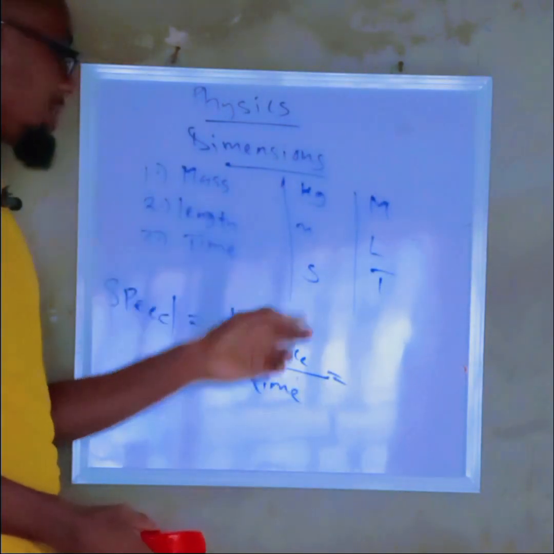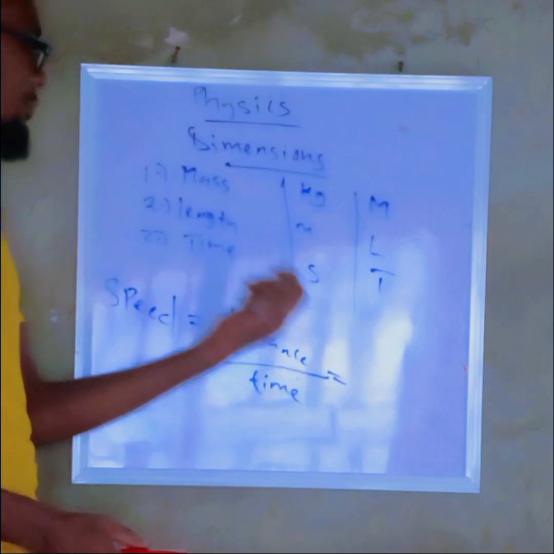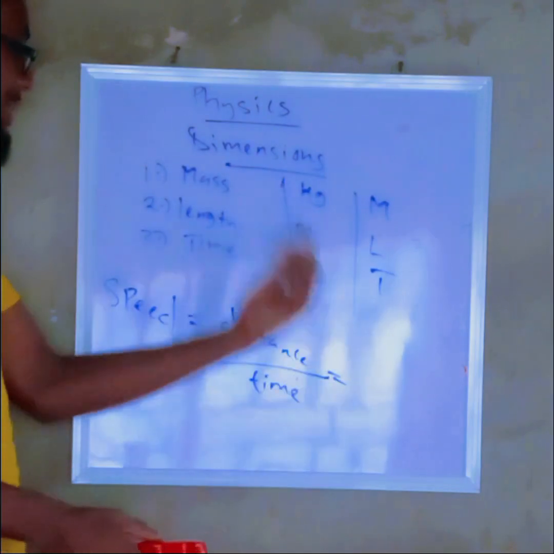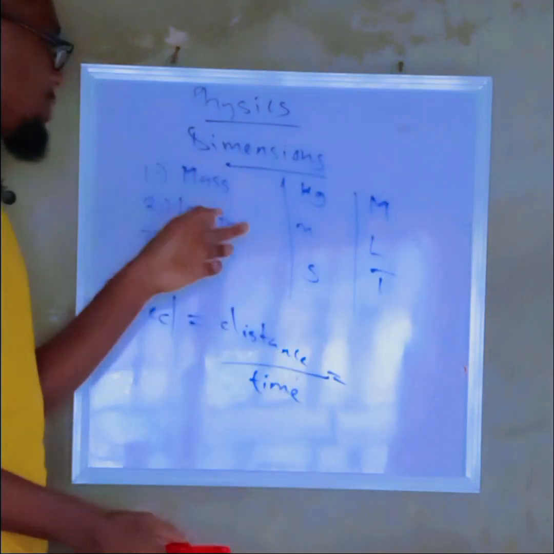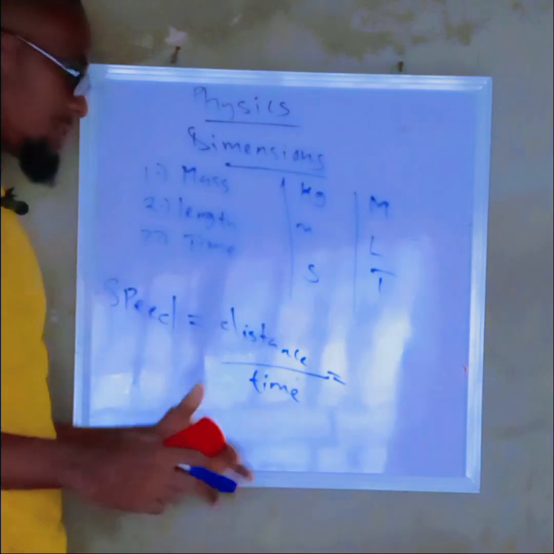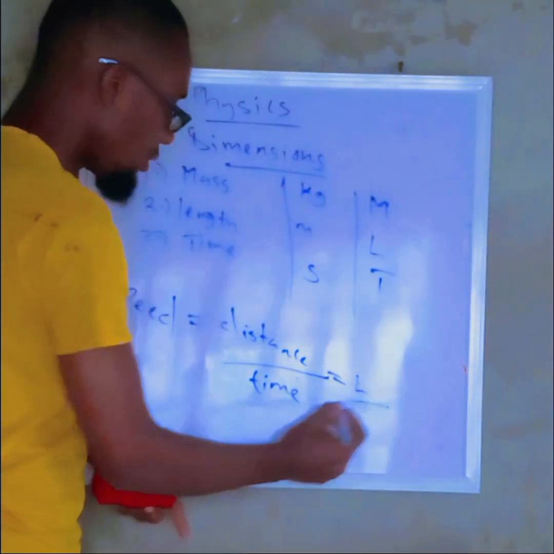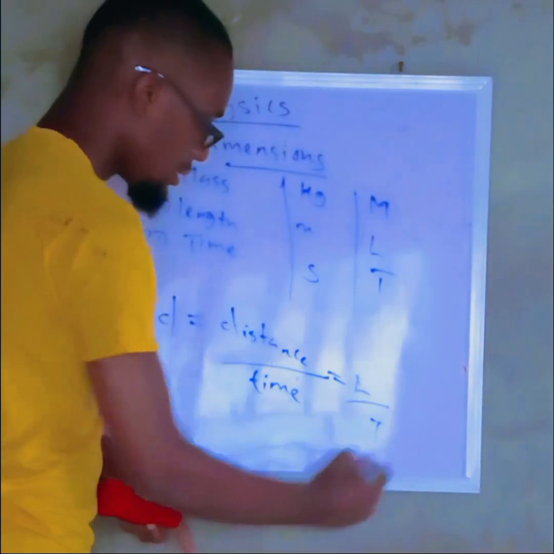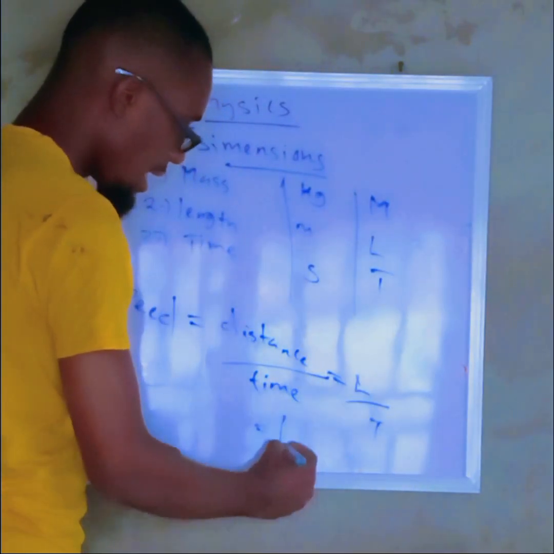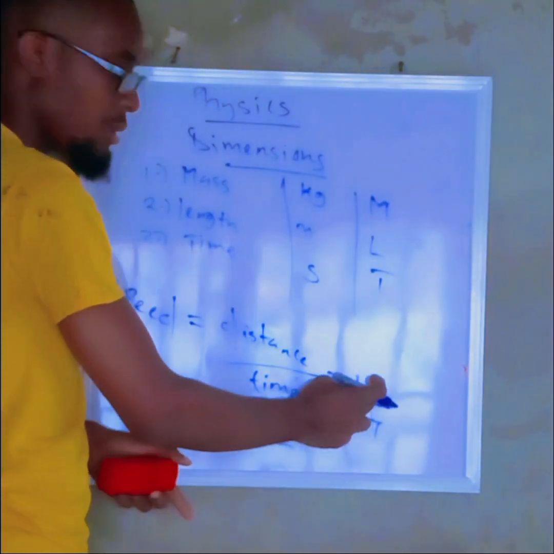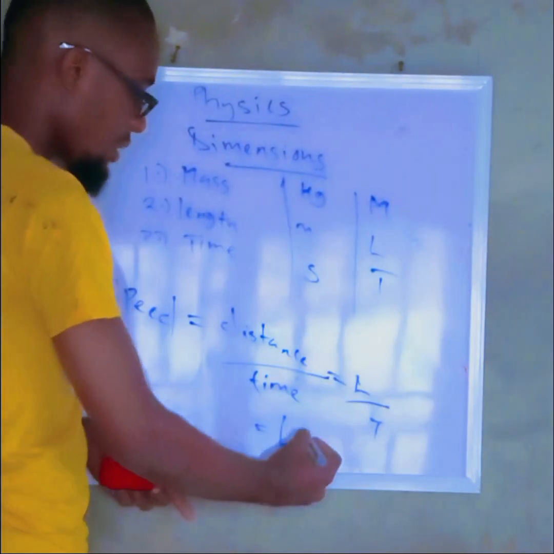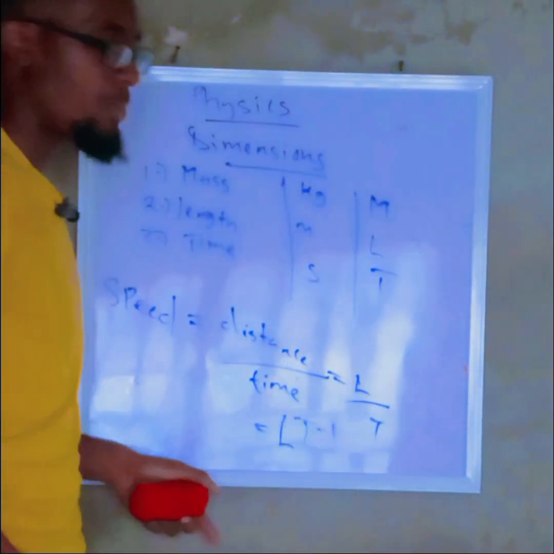The length. Have you seen that we still look for a way to relate each quantity with the fundamental quantities? So distance can be related with the length. We say L all over time, which is capital T. If we bring T up to the numerator, what do we do to the T? We add -1 as the power.